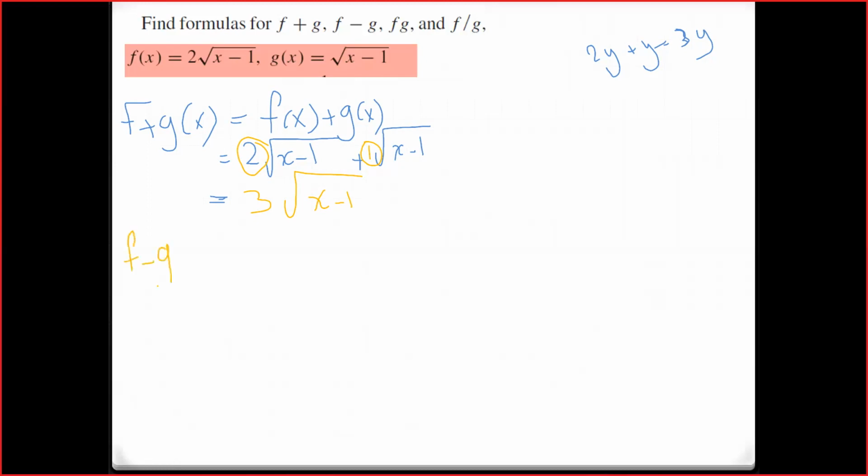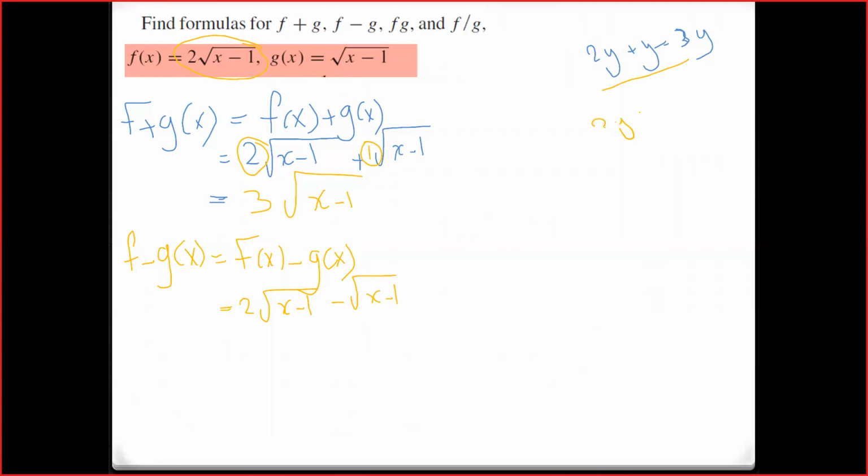Yes, teacher. Okay. Now f minus g of x, I can write it as f of x minus g of x. f of x is 2 square root of x minus 1 minus square root of x minus 1. Here now, it's not like 2y plus y equal 3y.